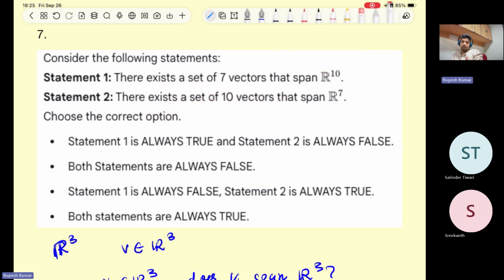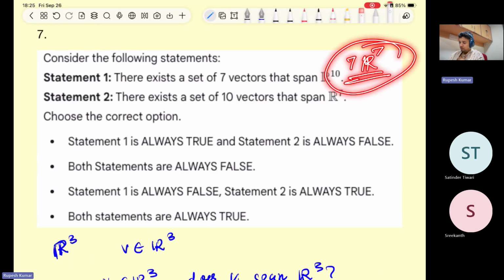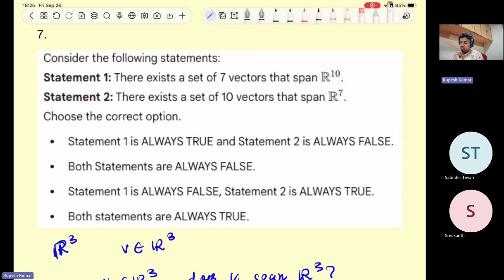We all know that the R7 space can be spanned using 7 orthonormal vectors in R7 space. And if you already have 10 vectors, 7 of them can be linearly independent, so you can span. So statement two is true. Do you have any doubts in this?